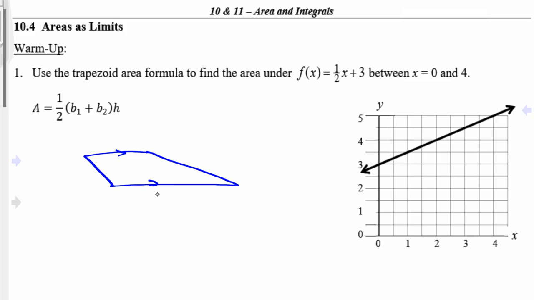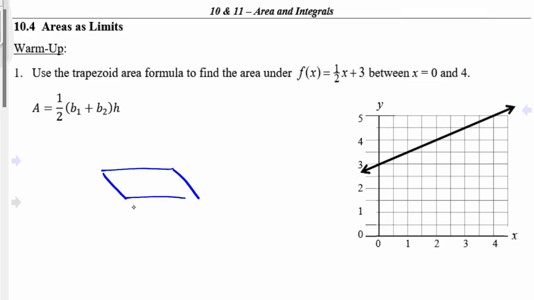So even if I did this one, it's also a trapezoid. But we have to be careful here because I've taught from some textbooks that would say this is not a trapezoid, but other textbooks would say it is a trapezoid.